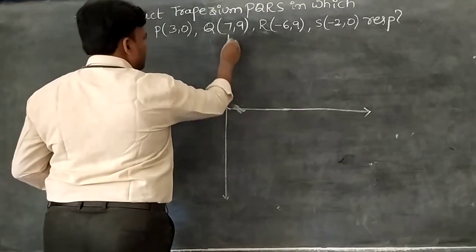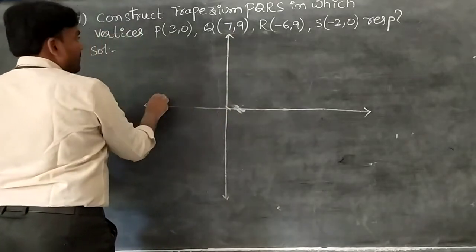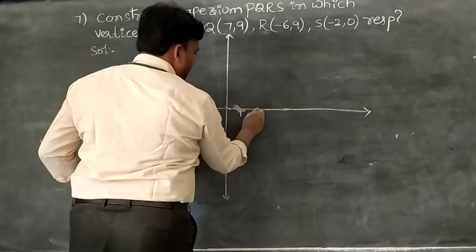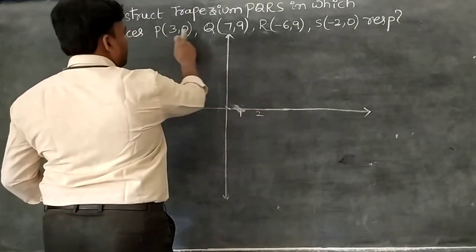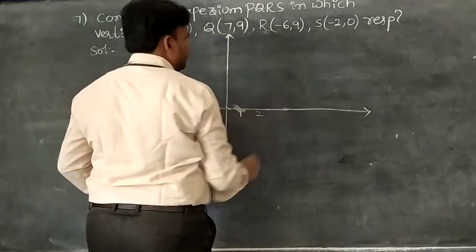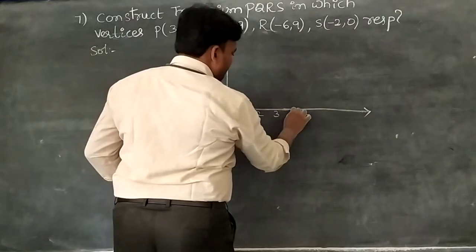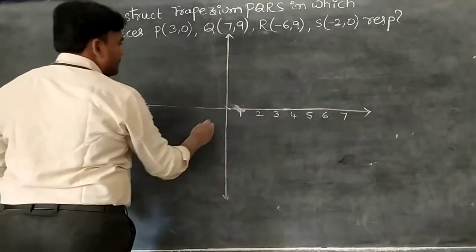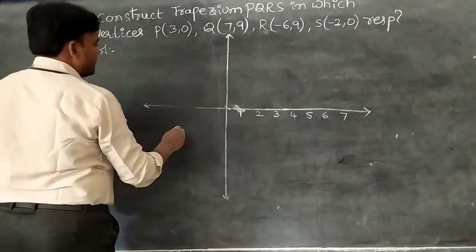Take more values, for negatives also. So positive values 1, 2, 3, 4, 5, 6, 7. Negatives maximum minus 6.